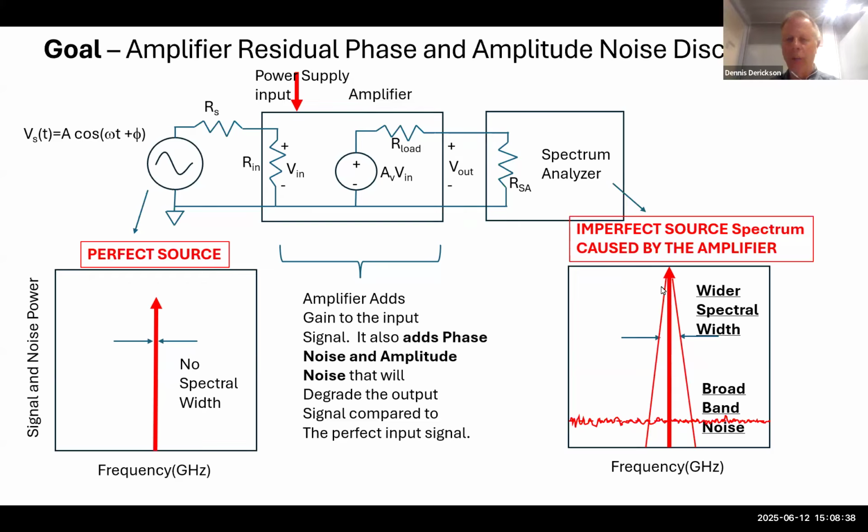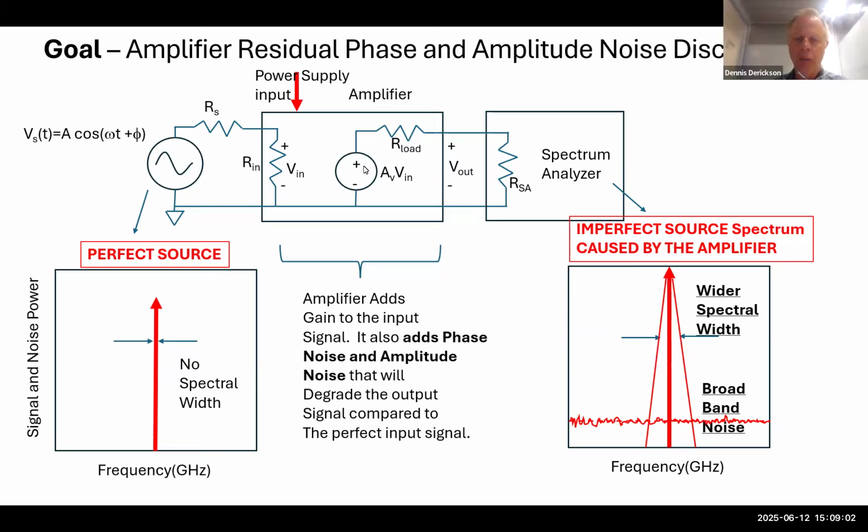What it could do at the output right here is we have the original perfect delta function that's coming from the oscillator. Since we're having gain, we're going to add broadband noise in the amplifier. But in addition to that, we're going to find that the spectral width of the oscillator is actually degraded by the amplifier and its noise qualities.